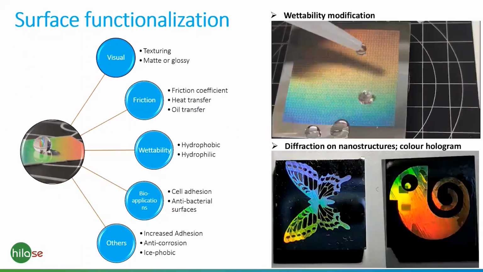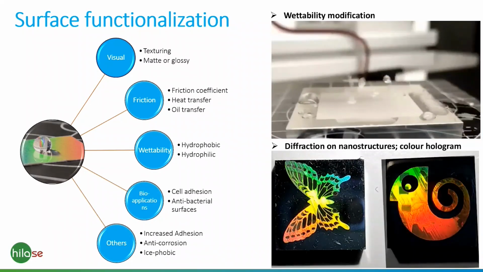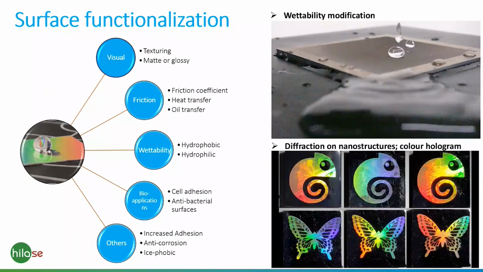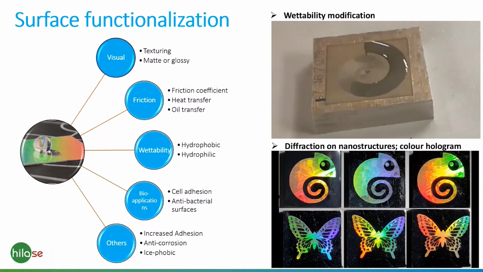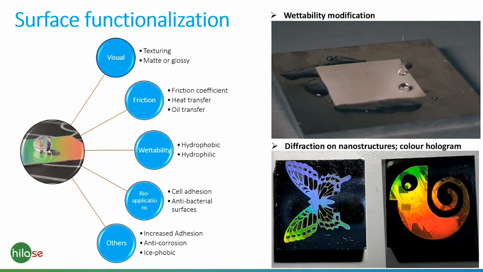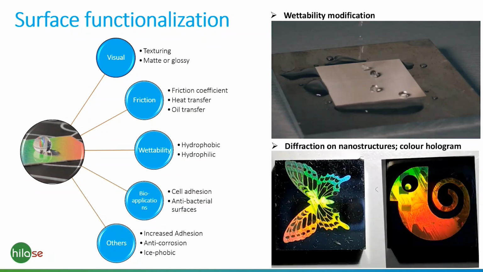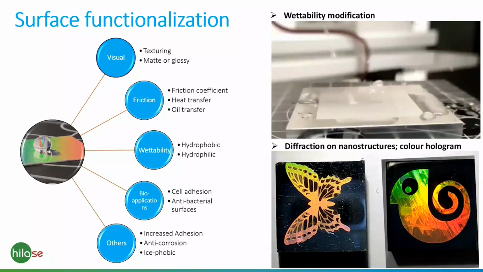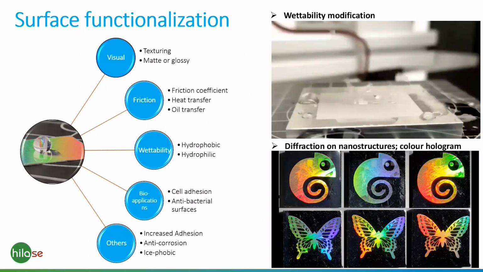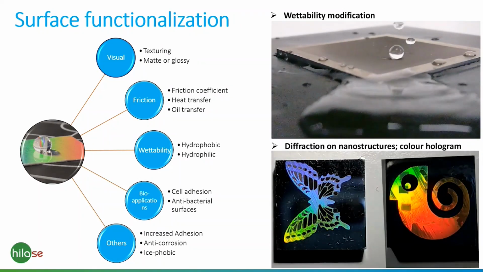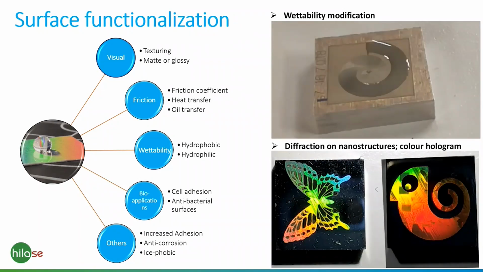But except that, we are focused also on surface functionalization, which is a technique where we create a special kind of micro and nanostructures on the surface, which can change the surface properties. That means we can change just simply the visual, make the surface texture matte or glossy, but we can also change the friction coefficient, or for example, wettability.